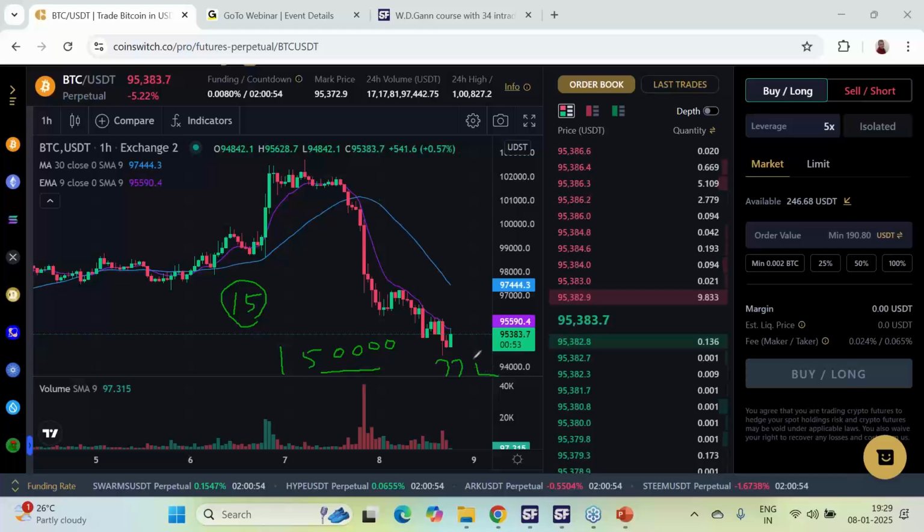If an instrument has 90% volatility, you need only 1/6 or 1/10 of this.